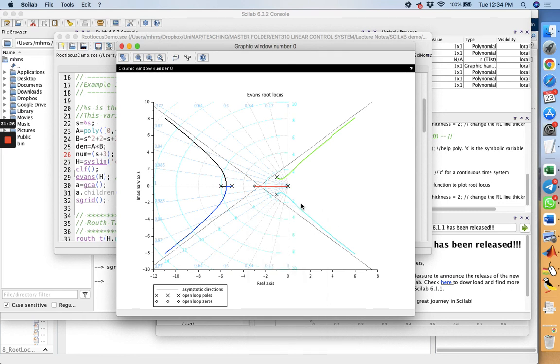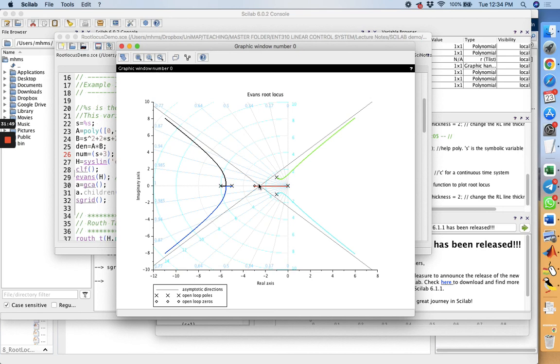We can find the angle of asymptotes using the formula (2k plus 1) multiplied by pi over n minus m, and then we get the angles here. I think the angles are about 60 or 45, around this, and then we can draw the asymptotes.